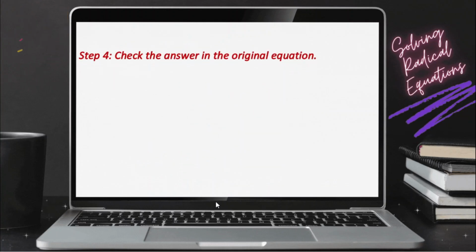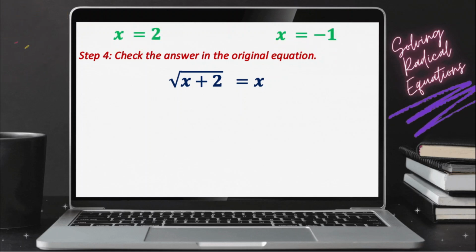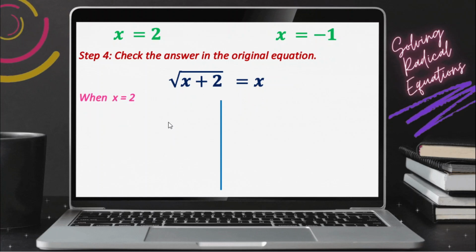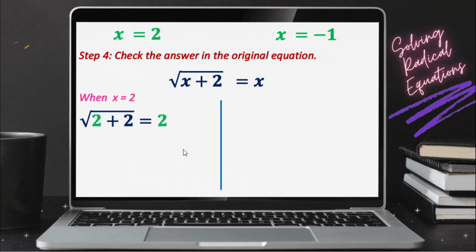Step number 4. Our original equation is the square root of the binomial x plus 2 is equal to x. Our obtained solutions are 2 and negative 1. So, we substitute both of them for x, one by one. Let's first take x is equal to 2. Substituting 2 for x, we have the square root of 2 plus 2 is equal to 2.